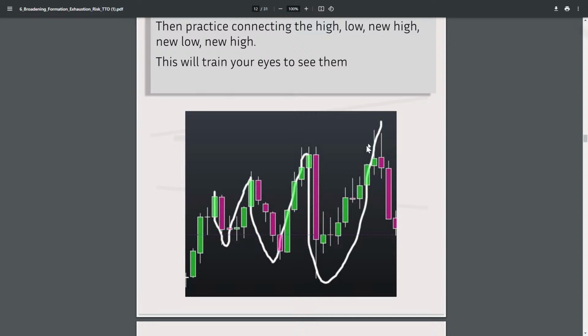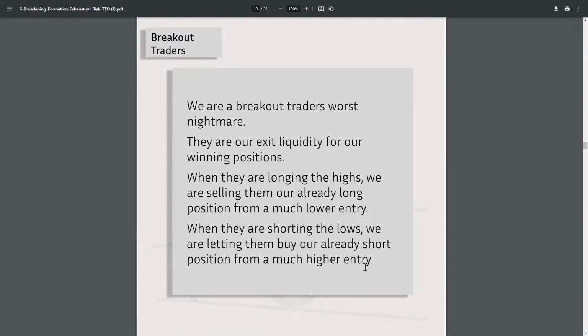And we don't want people getting so hung up on the trend lines because people then start to think, oh, well, price is supposed to go and hit the trend line. Well, no, it's not. The trend line is a fake target. We are targeting actual levels. This is why we are a breakout trader's worst nightmare.